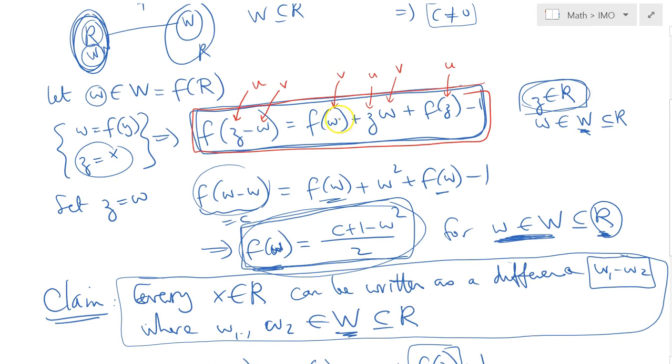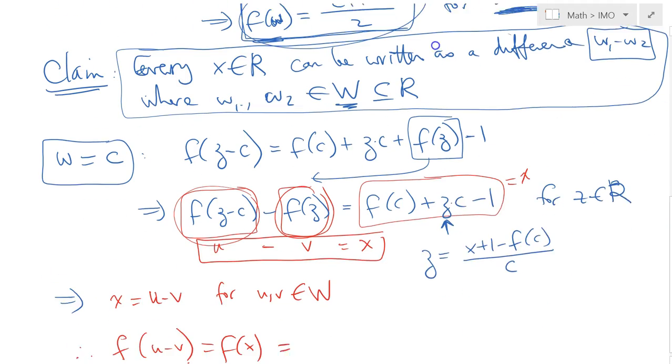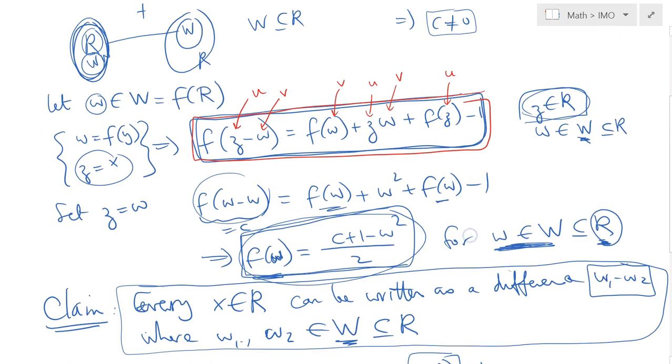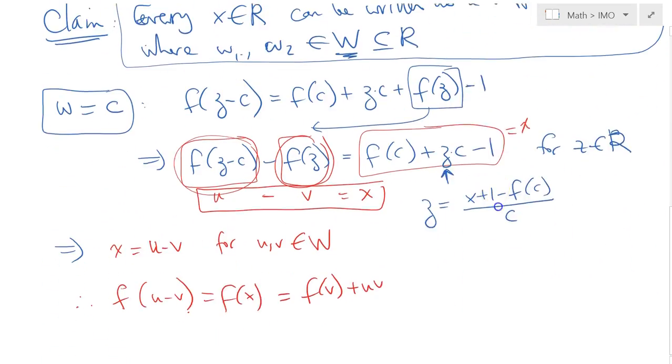having replaced w with v, we would get f of v plus uv plus f of u minus 1. So this is f of v plus uv plus f of u minus 1.